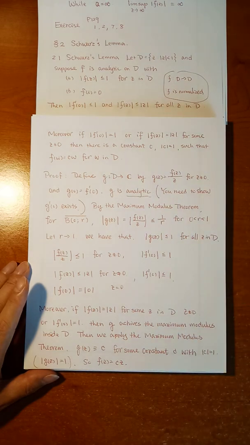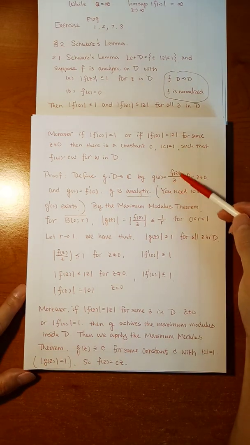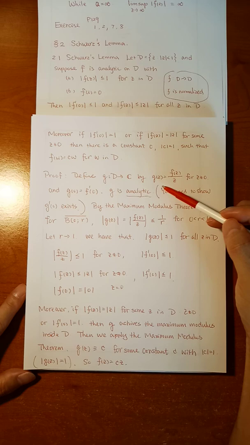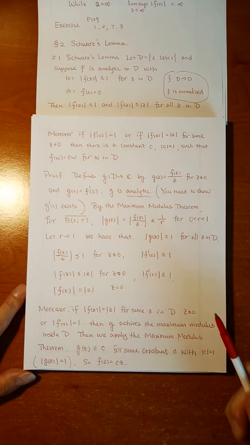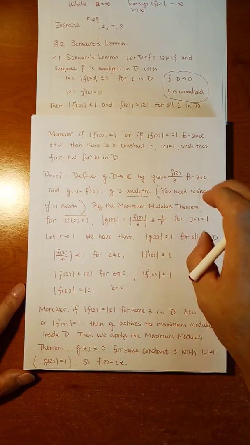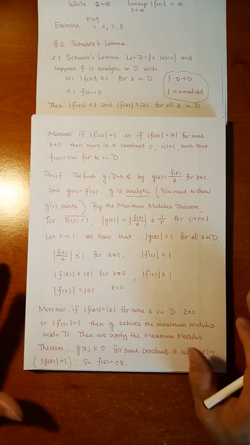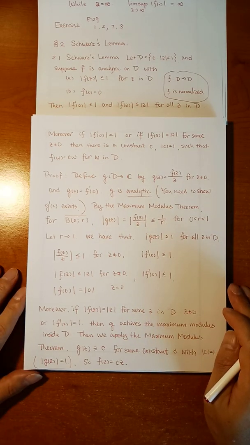So it's a very creative, very clever proof. If you do not construct a g like this, possibly you can go through some complex steps, but you will get the same result. But this is the most neat proof for the Schwarz lemma, right?